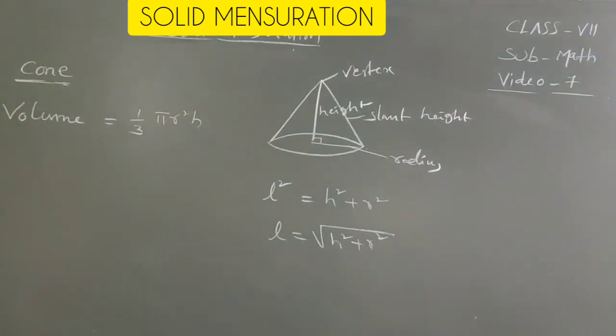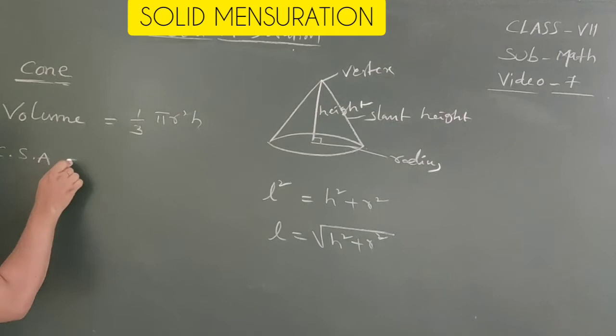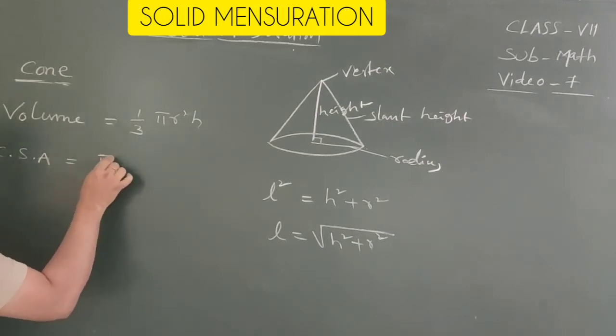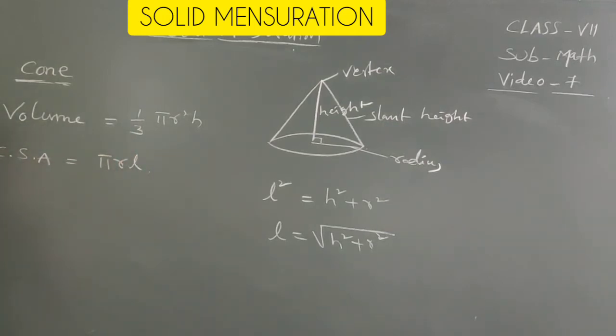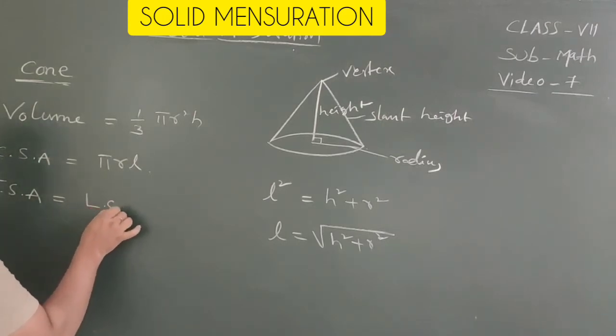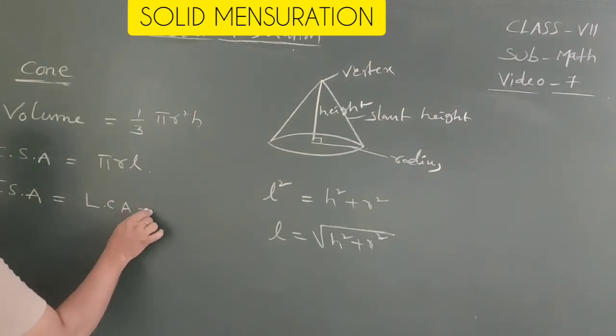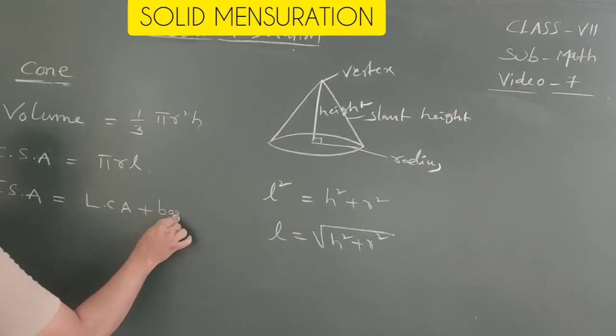That is the formula for finding slant height L. Now, curved surface area of a cone is pi r L. Total surface area of a cone is curved surface area plus base area.